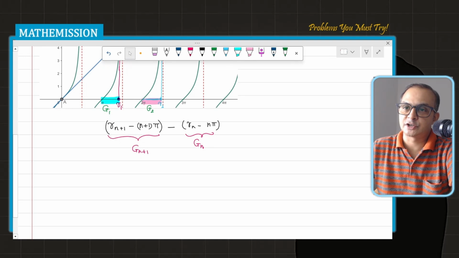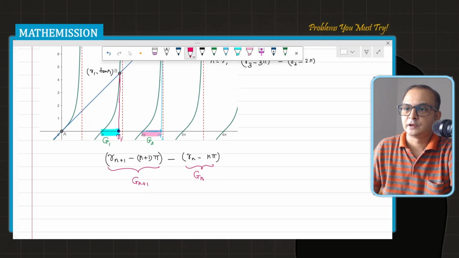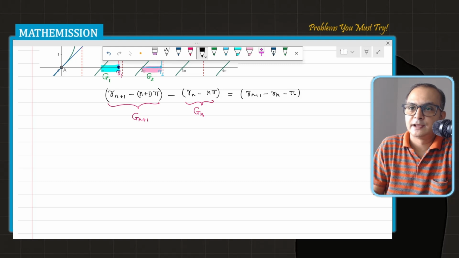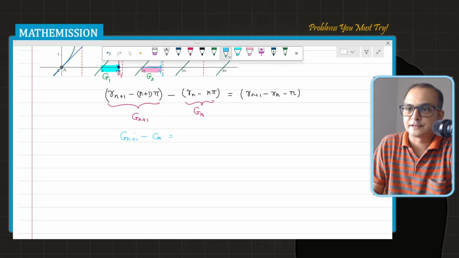And now the expression we have to prove an inequality for is actually Rn plus 1 minus Rn minus pi. It means gn plus 1 minus gn is this Rn plus 1 minus Rn minus pi.